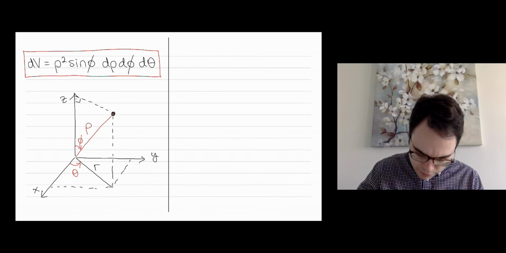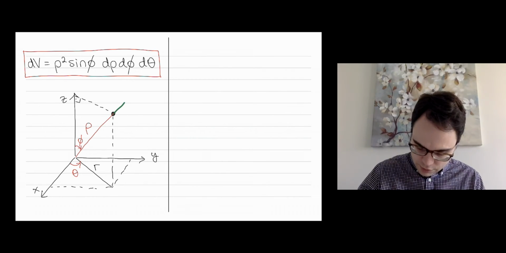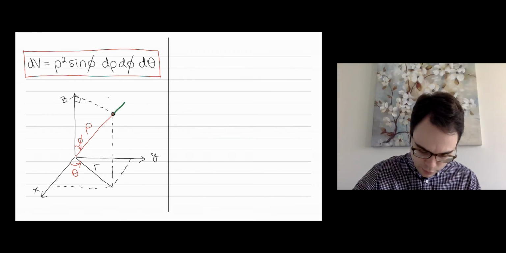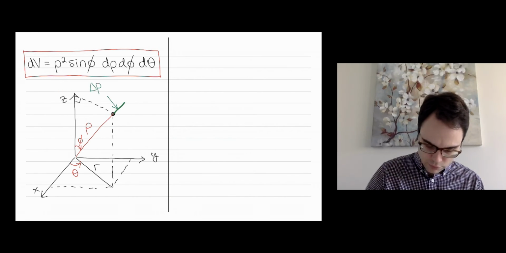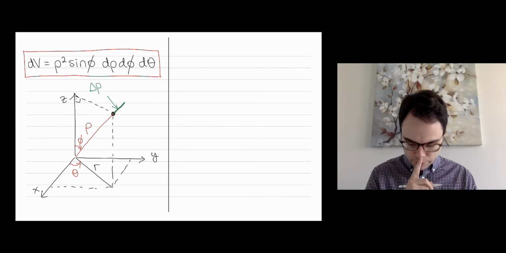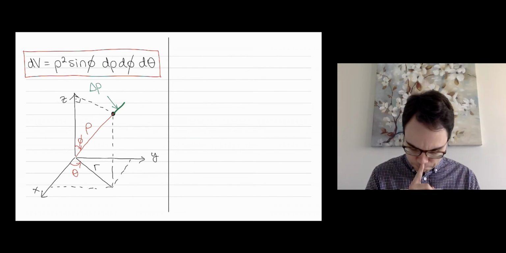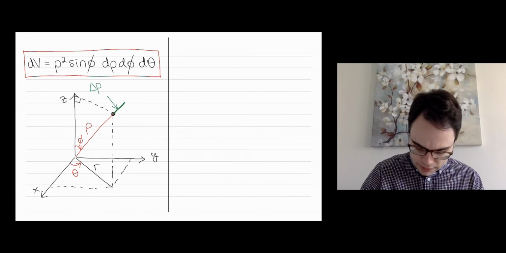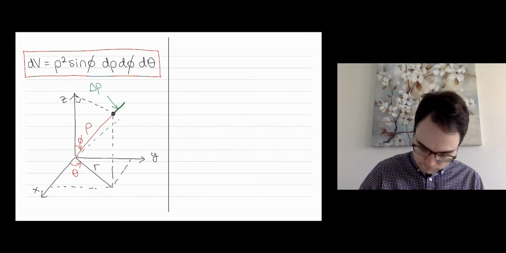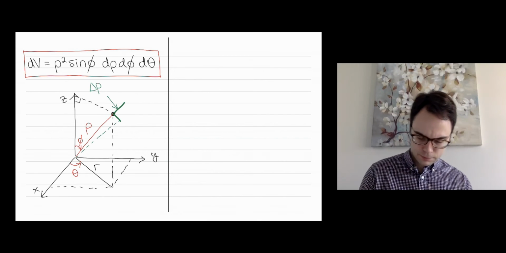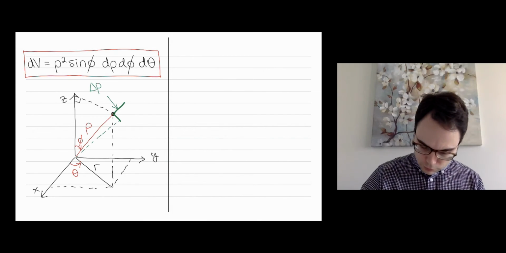First, if I start with this point and increase rho by a bit, I'm going to move in this direction and get a little segment of size delta rho. Next, if I change phi by a bit, I'm going to move in this direction.